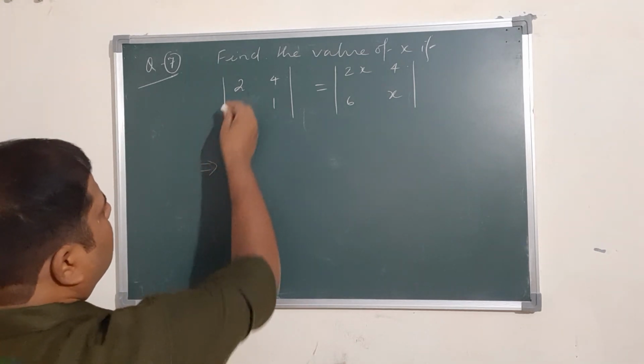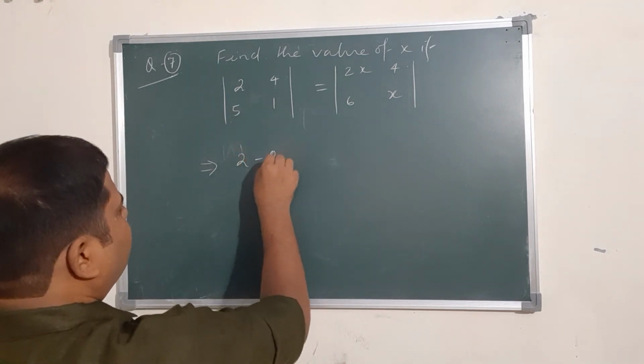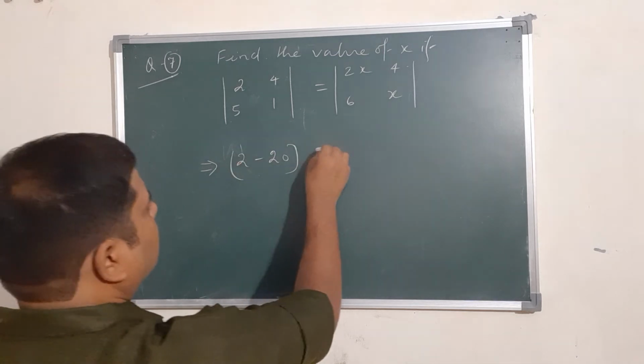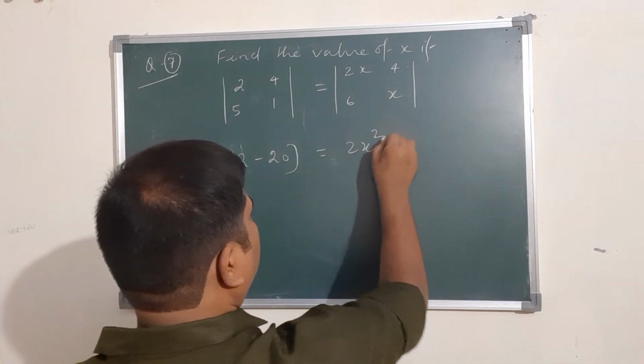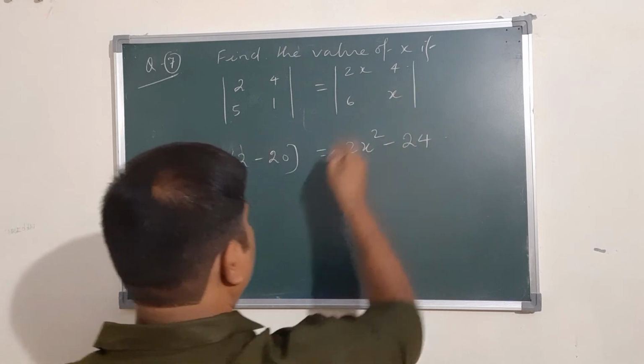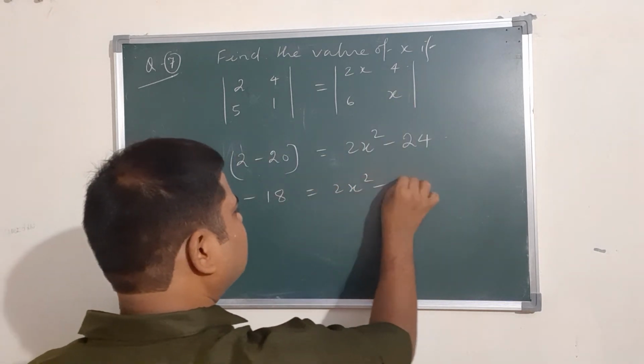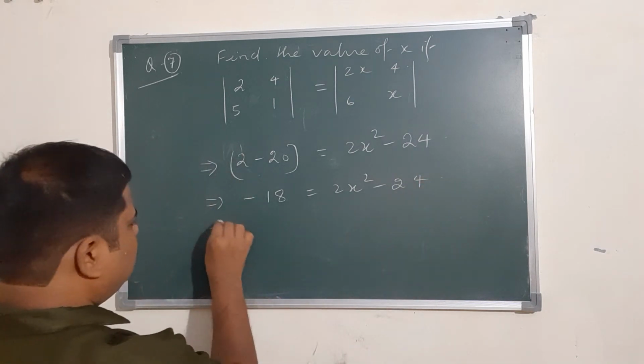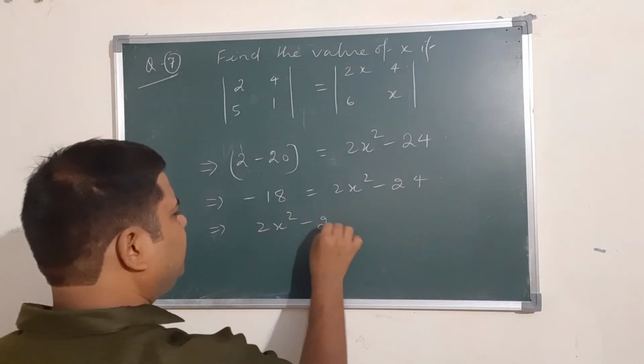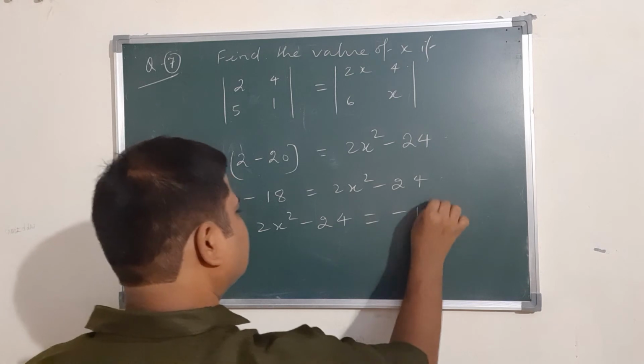So this you know, 2 1s are 2 minus 5 4s are 20. So this is minus 18. This is 2x square minus 24. So 2x square minus 24 is equal to minus 18.